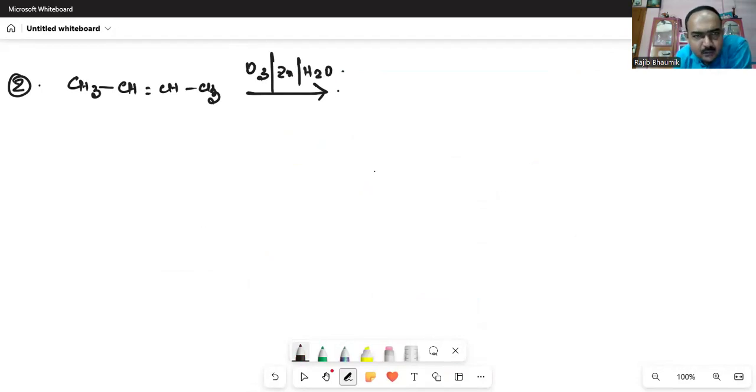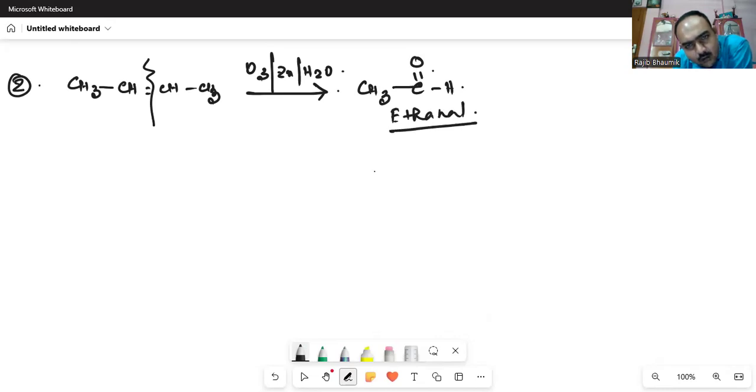The double bond breaks here and you add double bond O, giving CH3 C double bond O H. This is actually acetaldehyde.